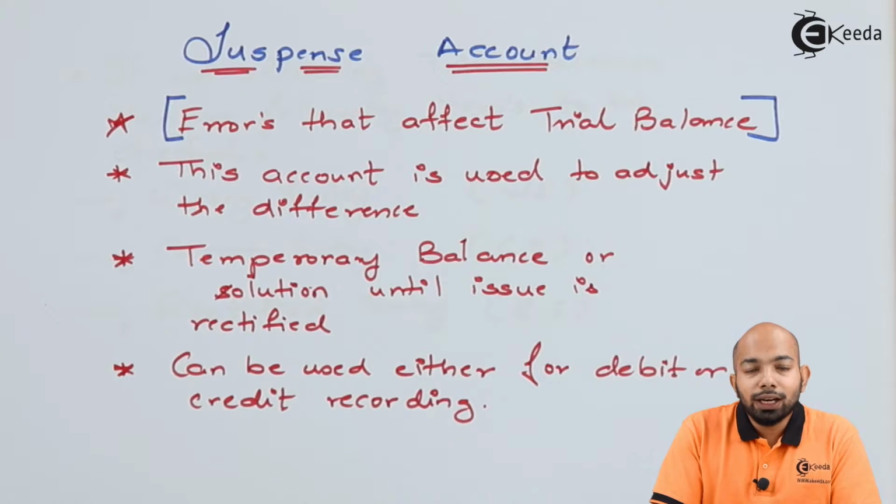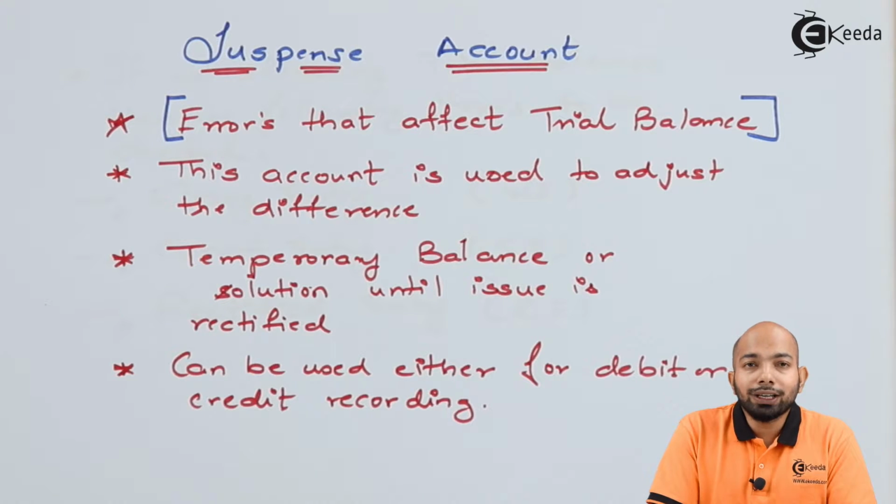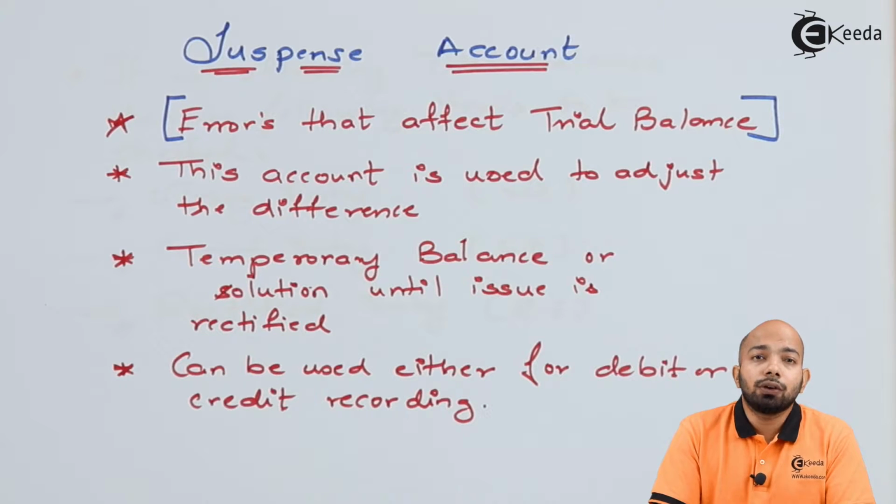Hence, to ensure that the specific effect on any of these accounts, which has hampered the preparation of the trial balance, is handled until it gets rectified, we prepare a suspense account. The difference, either on the debit side or on the credit side, is transferred to that account and the trial balance is tallied. This trial balance will be moved forward for preparation of the profit and loss account and the other statement of accounts, that is the balance sheet.